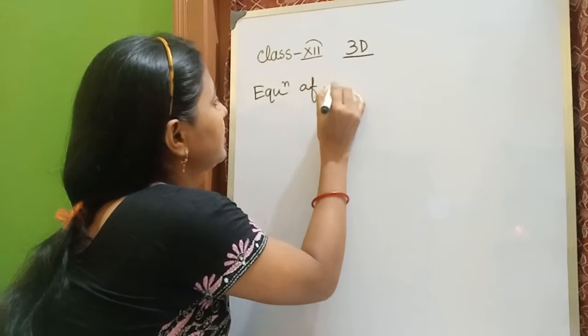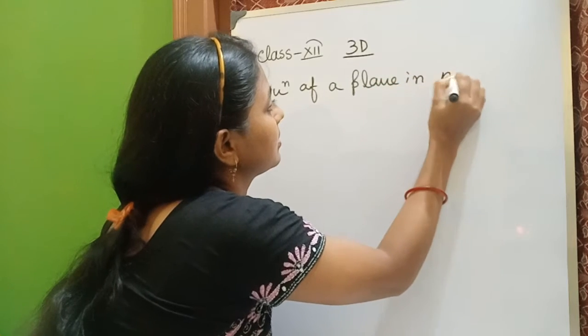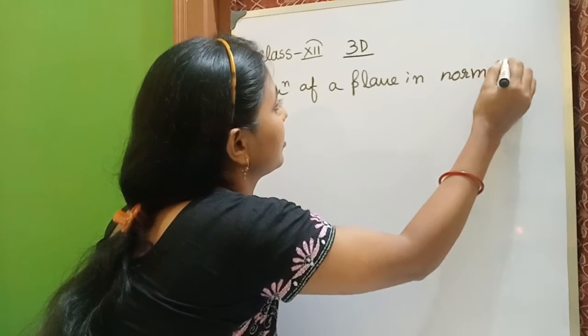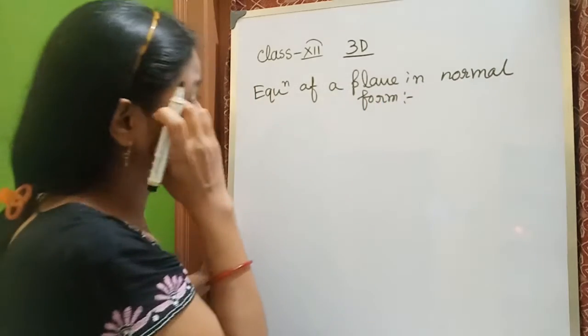Equation of a plane in normal form. This is the first term.